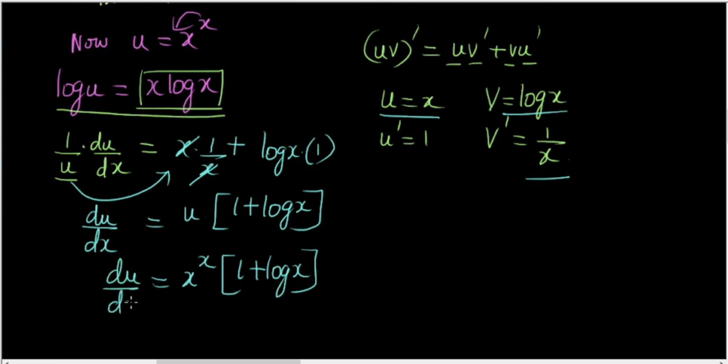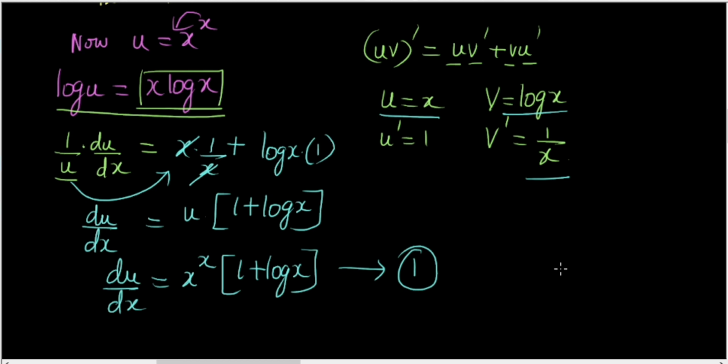Here we are going to label this particular equation as 1. Why we are doing this is that at the final step we will be substituting everything. So we are labeling each and every equation according to the situation.